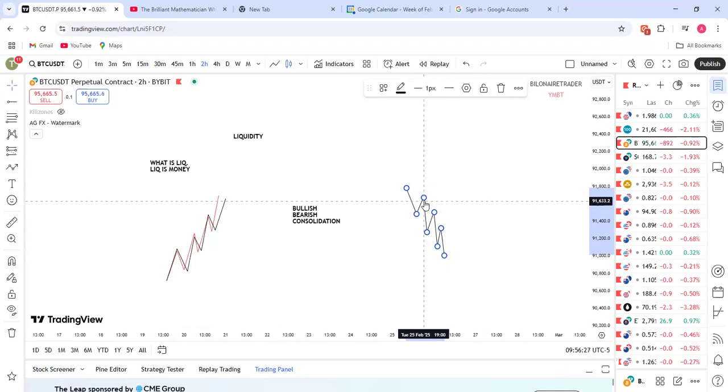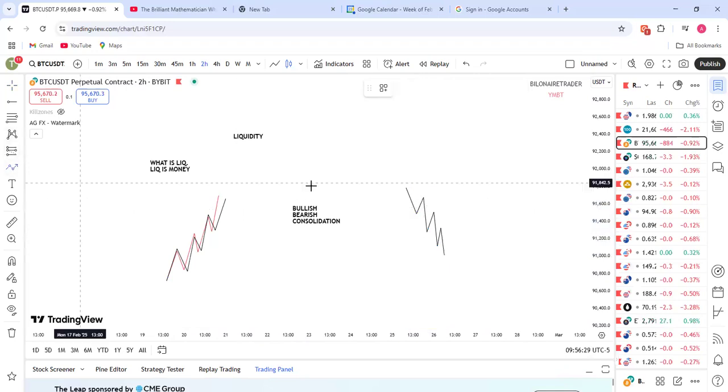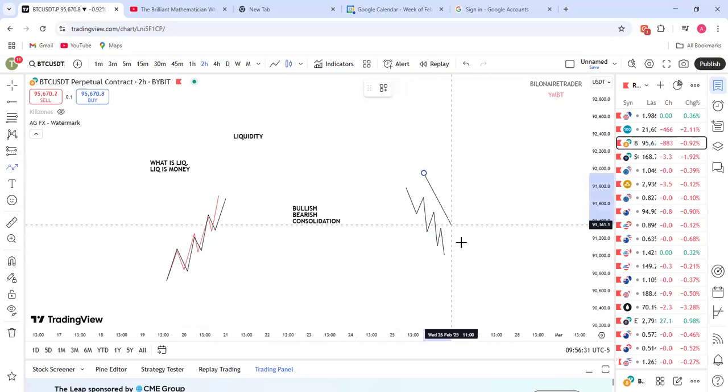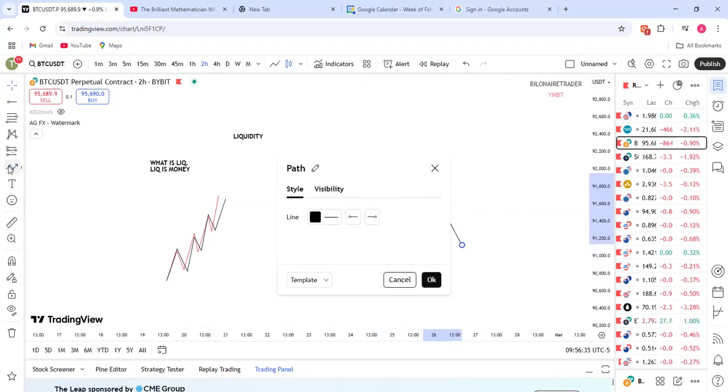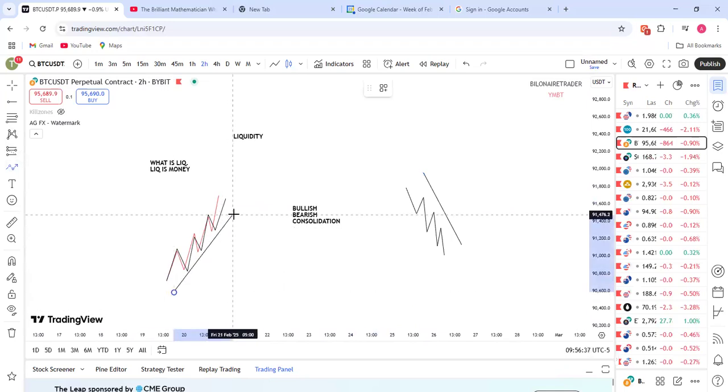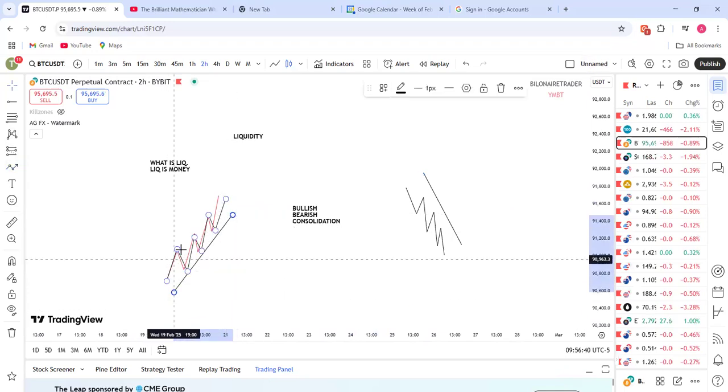Mind you, like I said, the market does not move in a straight line. If the market wants to sell or come down, it will not just come in a straight line, bam. Or if the market wants to buy up, it will not just go up in a straight line, bam. It will be giving us that zigzag movement. So when we see that series of movement, higher high, higher low, and the next high is higher than the previous high, we say the market is bullish.